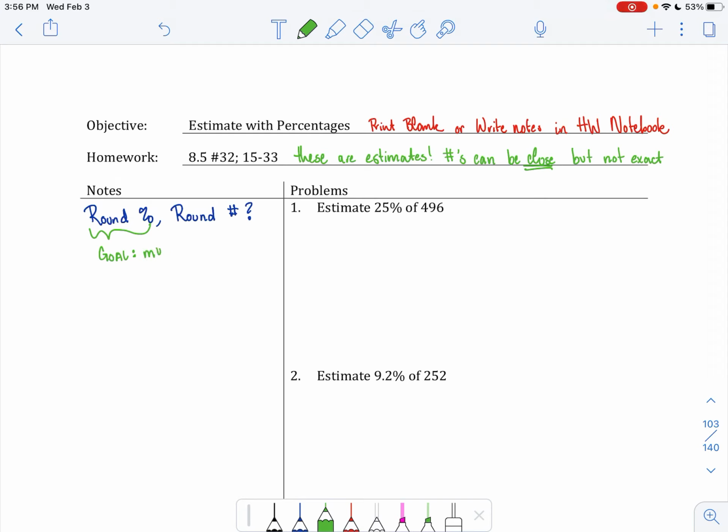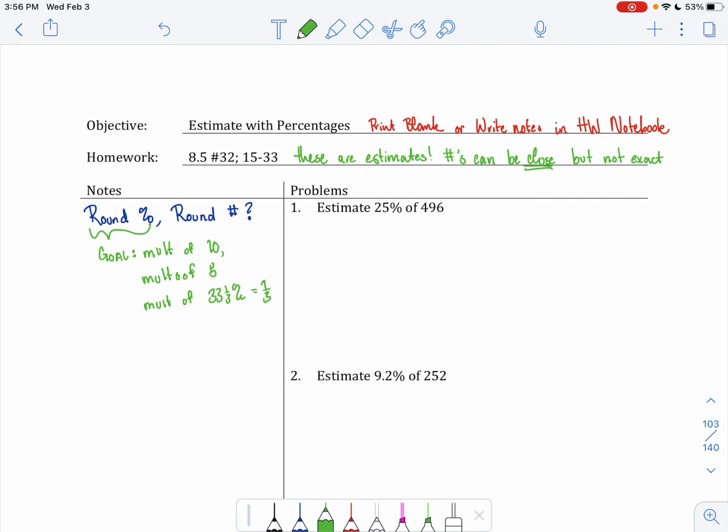So percents that we recognize are multiples of 10, multiples of 5%, and then we might also want to consider multiples of 33 and a third percent, since that's equal to 1/3.